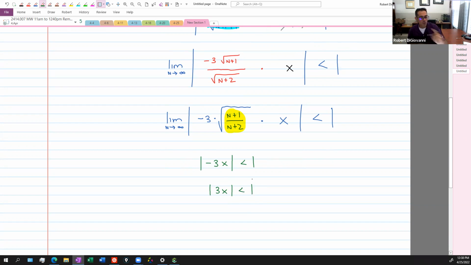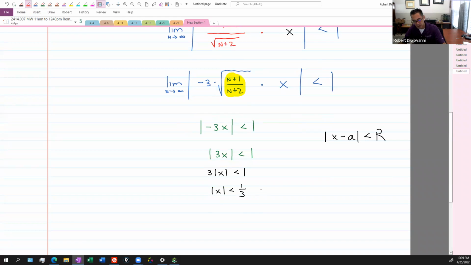And we're almost to this point. This right here is what we're trying to get to for the radius of convergence. We're trying to get it to look like this, absolute value of x minus a less than r. Unfortunately, I have a 3 in front of that x. So this is the same as 3 times the absolute value of x less than 1, because the absolute value of 3 is 3. Then I'm going to divide both sides by 3.